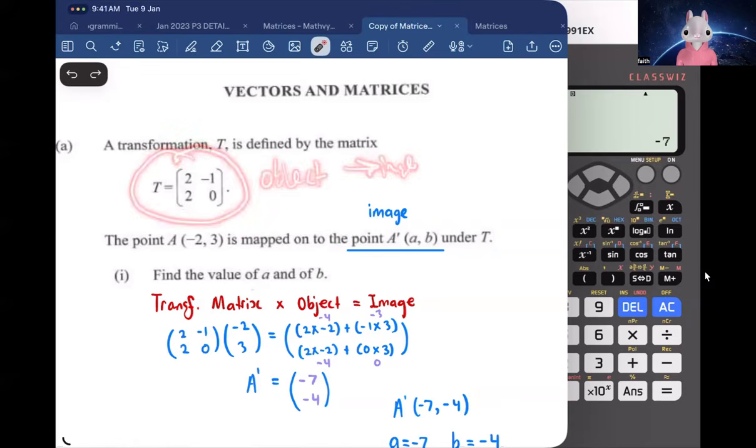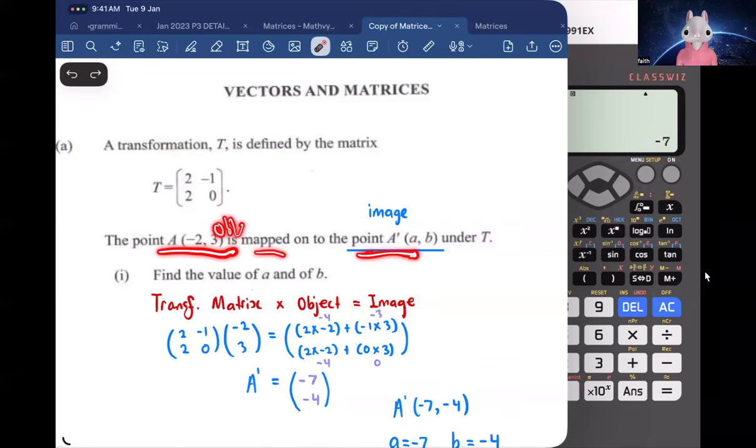You can see that A is the object and is mapped onto point A prime. A prime is the image. So object to image. Now, can we see how they left it blank? We actually don't know what A and B is, so that tells us we need to find that. We need to figure out what the image is because we don't have the values.